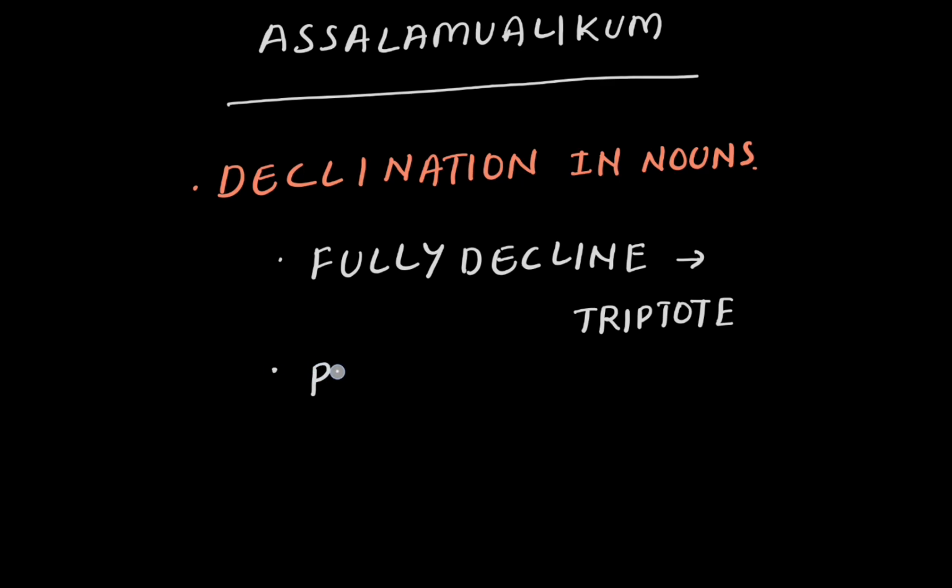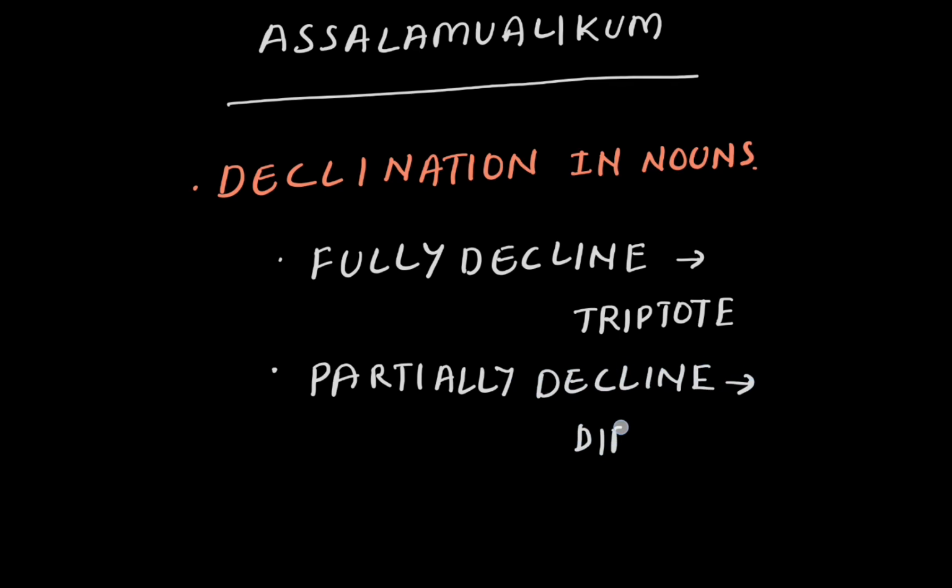So in today's class we will be studying about the partially declining nouns that are known as diptotes or mamnu min as-sarf. And there is another category of noun which do not decline. These are known as mabni.